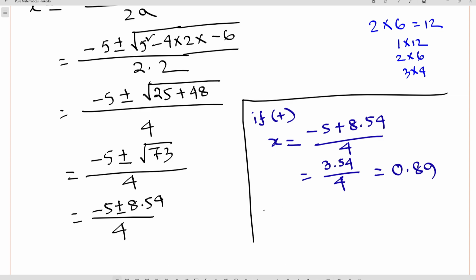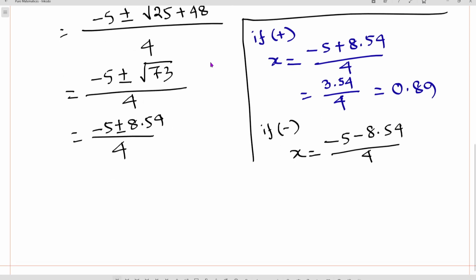Another part, if negative, then x equals minus 5 minus 8.54 divided by 4, then it will be minus 13.54 divided by 4. So we can use a calculator.